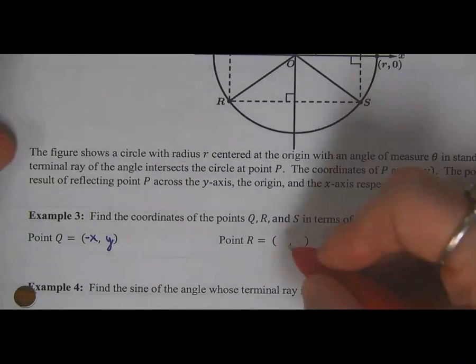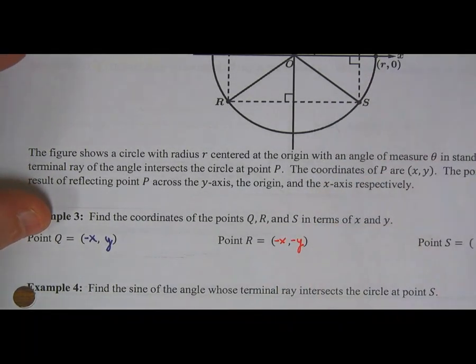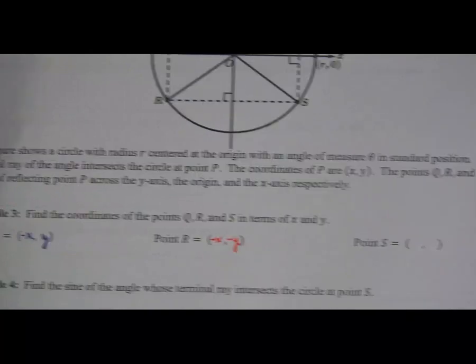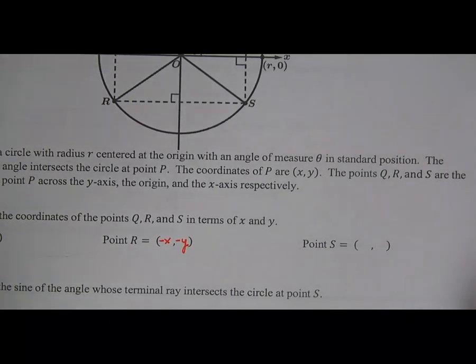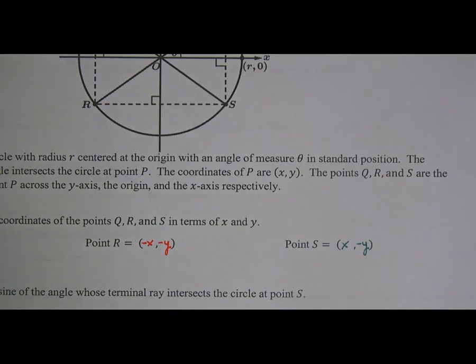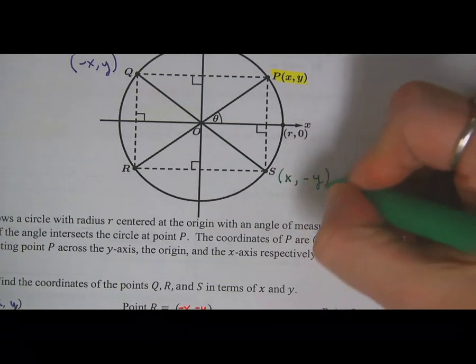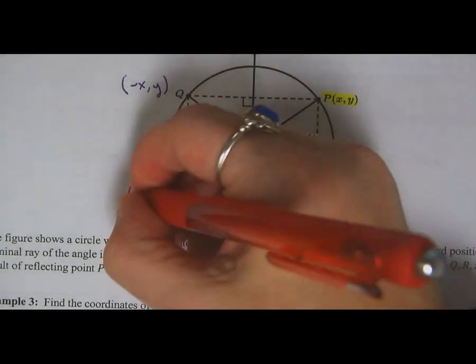What are we going to call R? (-x, -y). And point S is in quadrant 4. What are we going to call point S? (x, -y). Very good. You might want to label those in your picture. It'll probably be helpful.